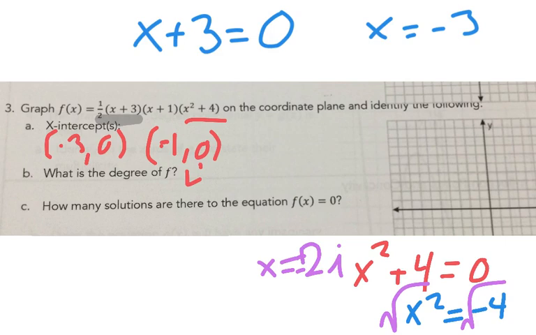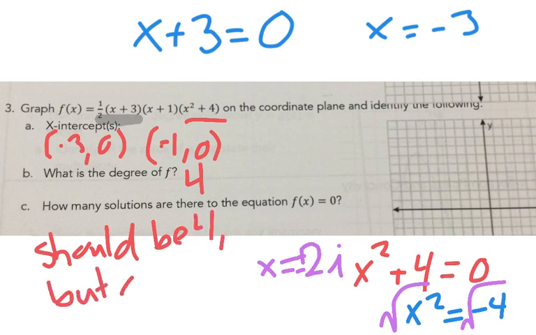So what they're saying is when you graph it, how many x-intercepts did we see? We saw 2. So here's the way they answer that. There should be 4, but we only see 2.